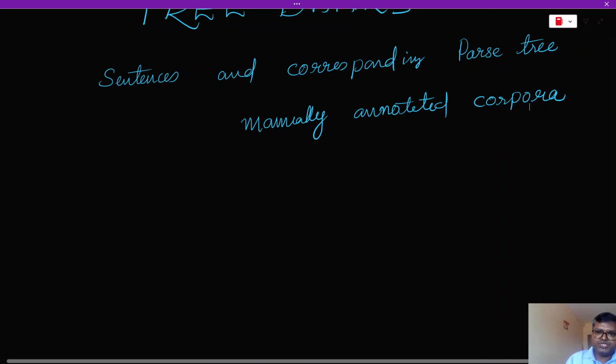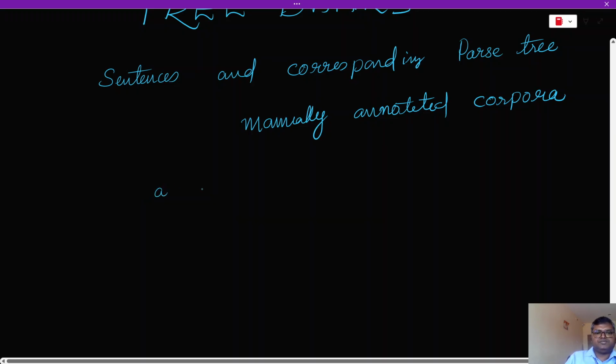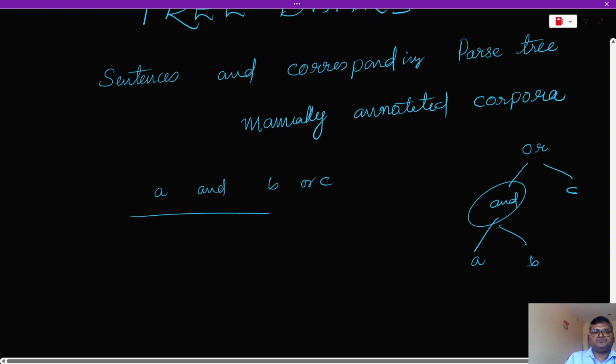So here there is no need of grammar. What we are doing is giving a sentence, for example, A and B or C. This is the input sentence, and here it gives the corresponding acceptable tree.